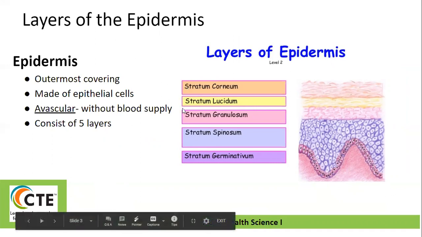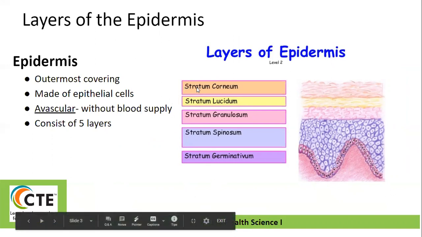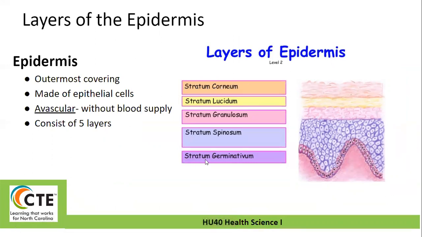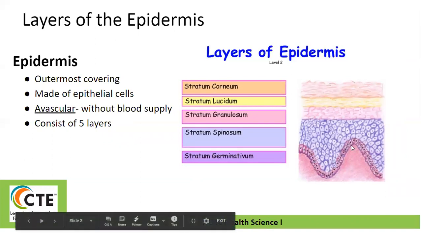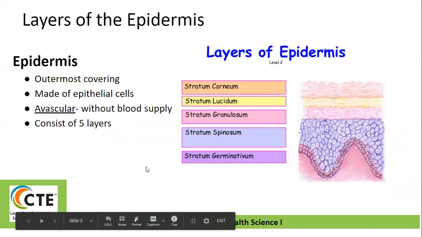It is made up of 5 layers. So don't get that confused with the 3 layers of the integumentary system, okay? The epidermis has 5 layers, and we're going to learn about the stratum corneum, which is the outermost layer, and then the stratum germinativum, which is the innermost layer, okay? Sometimes you're going to see this as the stratum basale.